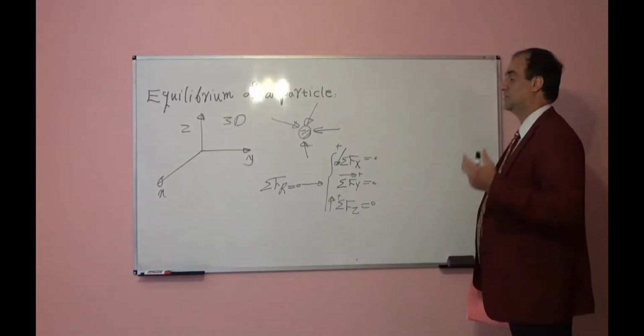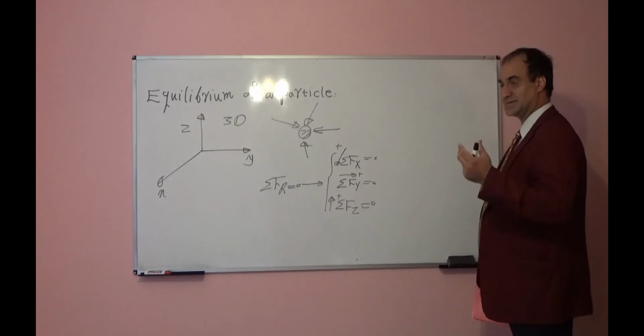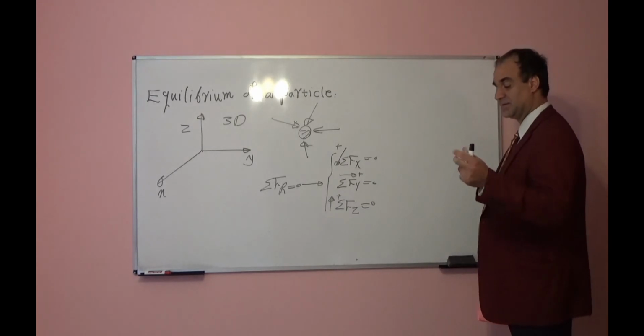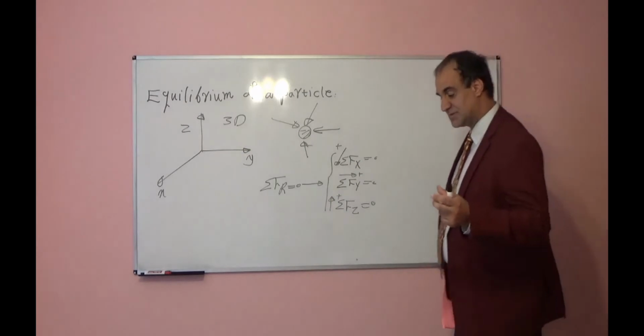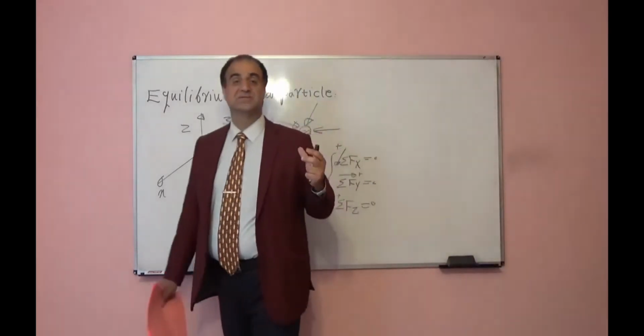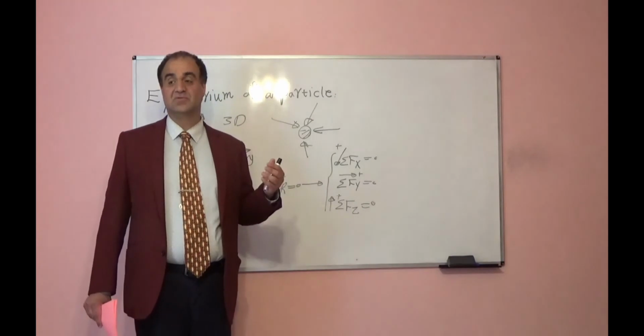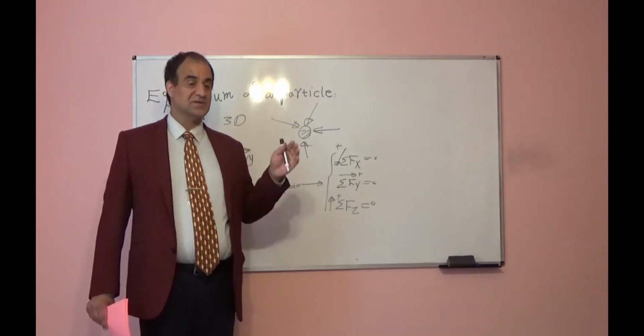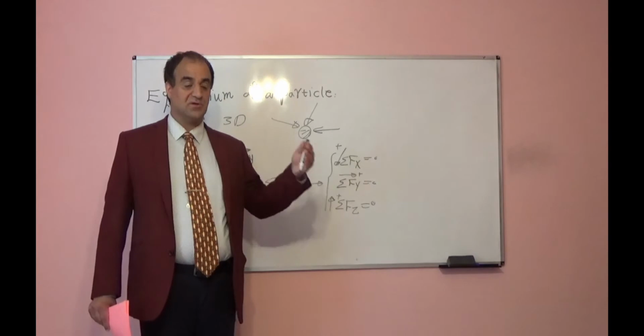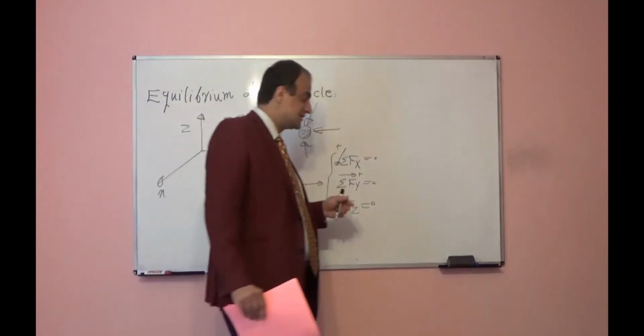So, in order to see whether a particle in 2D space or in 3D space is at equilibrium, we should check whether the summation of forces is equal to 0.